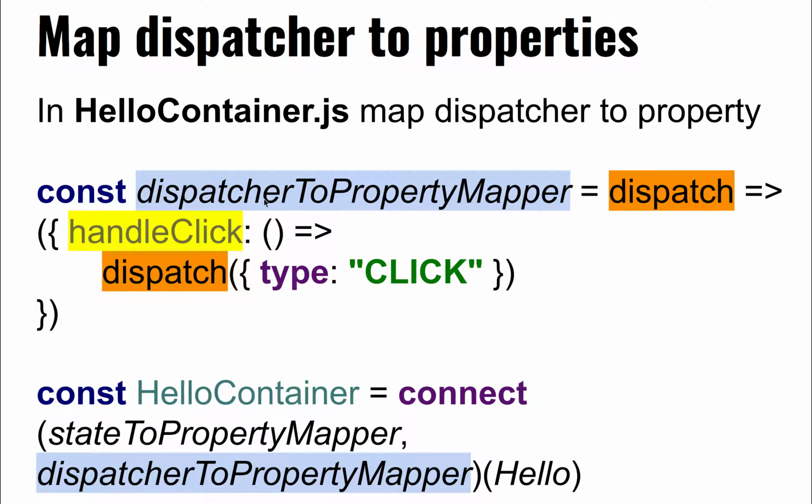Right. So here it is. Now, just like we had a state to property mapper, we're going to have a dispatcher to property mapper. Just like there's a state that's being provided by the provider, the provider also passes us a function that allows us to call back the reducer.